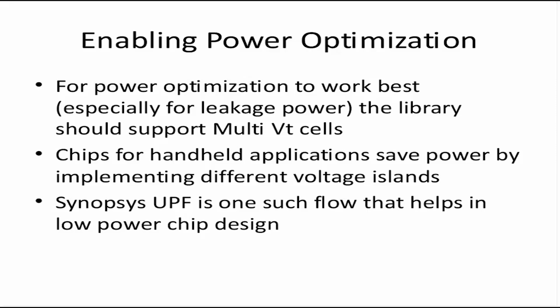Chips for handheld applications, they save power. So now there's a technique. These are very basic techniques to reduce power. That means using high VT for non-critical paths, using clock gating. But consider a smartphone, a very complex chip that is the brain behind a smartphone. So what components will it have?